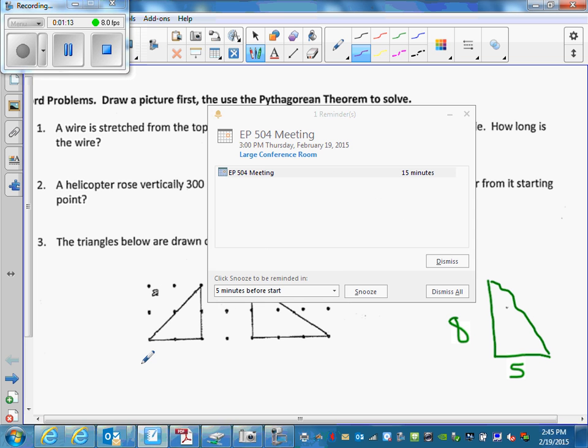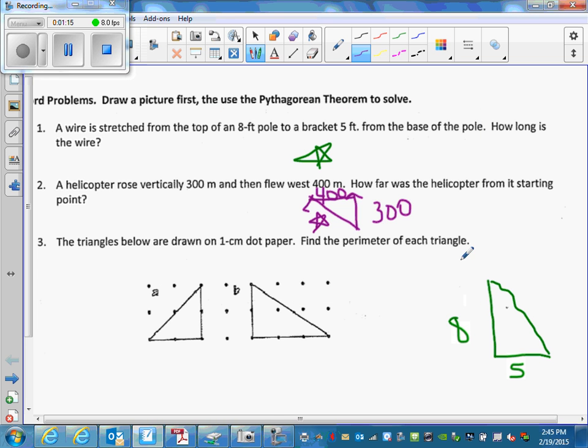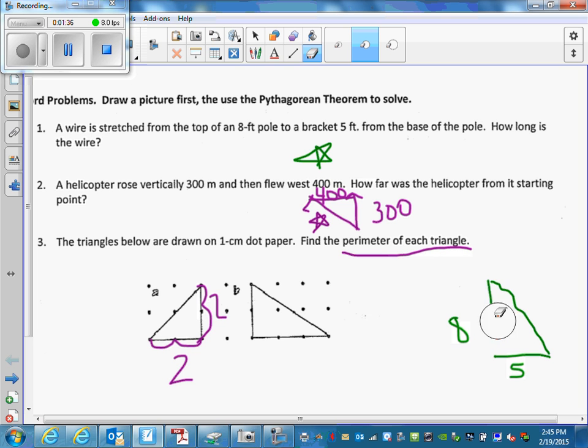Next, number 3. This was written on dot paper. So this side is 2, and this side is 2. The question is, what is the perimeter of the triangle? So perimeter, you add up all the sides. Well, we can't add up all the sides because we don't know the third side.